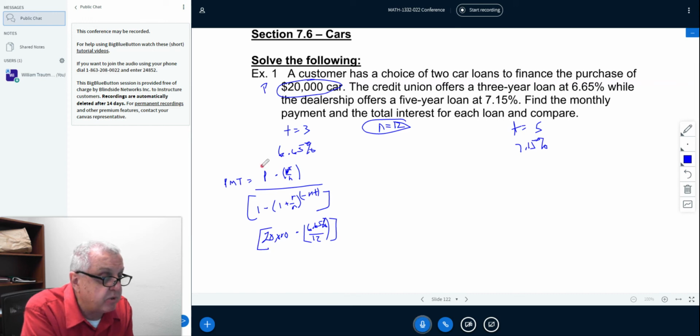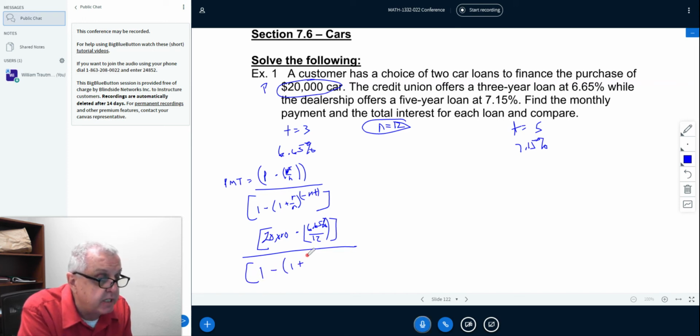So I'm putting parentheses around the entire top. Then I have the bottom, 1 minus 1 plus the interest rate, 6.65% over 12, raised to the power of negative 12 times the number of years, a 3-year loan here.